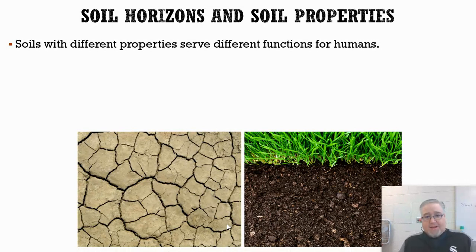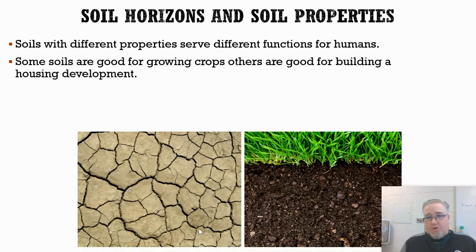Even if you went down south, let's say to Georgia or South Carolina, and you went on a walk with a shovel and dug up some soil, and then you did the same thing here in Northwest Indiana and looked at the soil, you would probably see some differences. There might be a color difference, there might be a texture difference. So not all soils are the same.